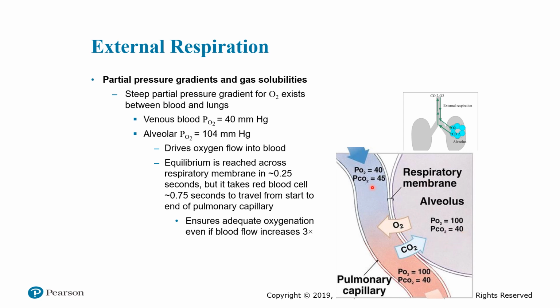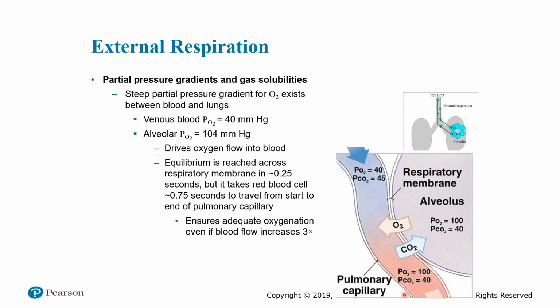Although this is not a very big pressure gradient, because carbon dioxide is more soluble compared to oxygen, about 20 times more soluble, this pressure gradient is enough for carbon dioxide to diffuse from the blood to the alveolar fluid.